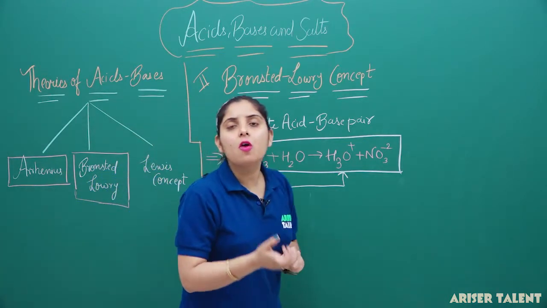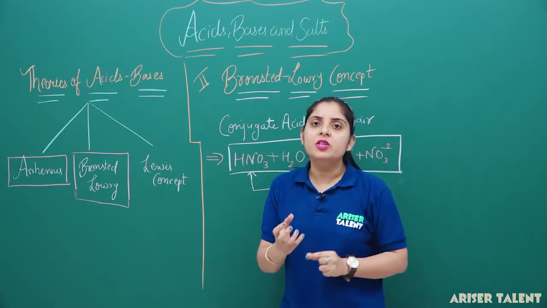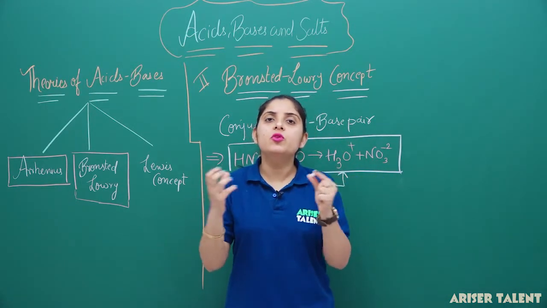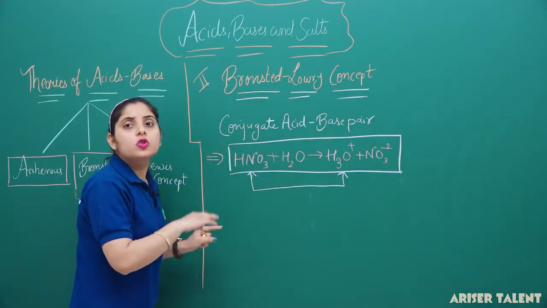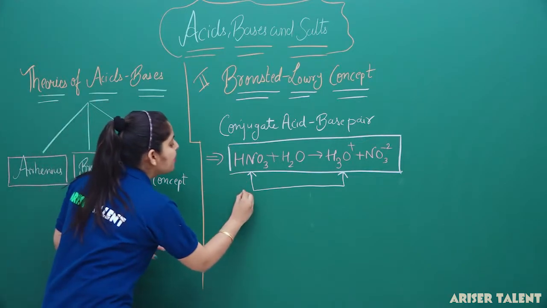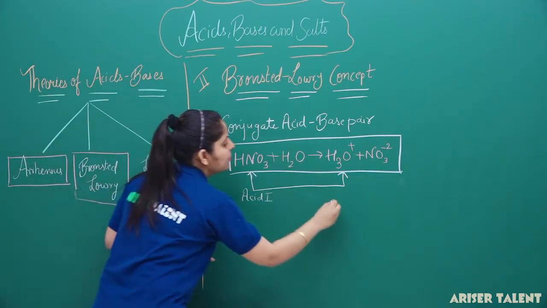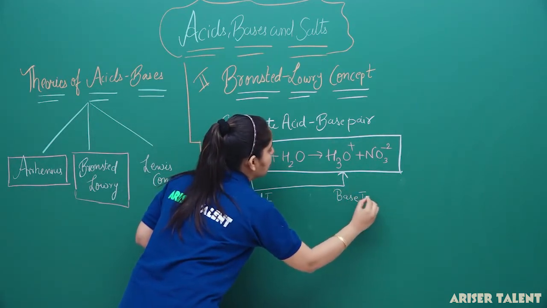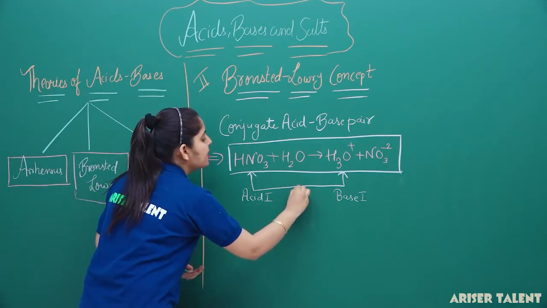The definition of the conjugate acid base pair is that the reaction in which any acid base pair has a tendency of mutual sharing or mutual gain or loss are known as conjugate acid base pair. So this is our acid 1 and this will be our base 1. So this will be regarded as a conjugate acid base pair.